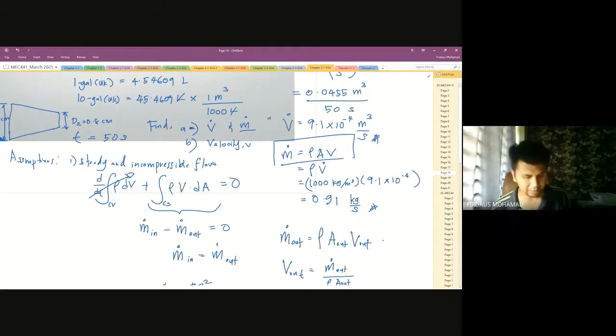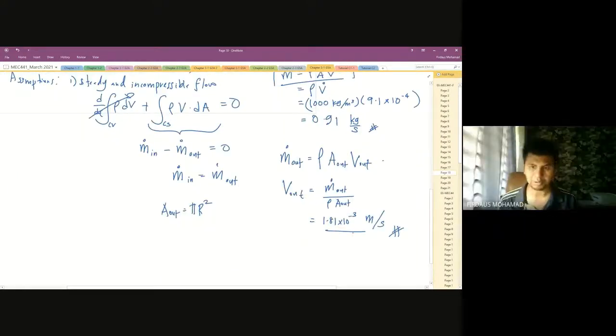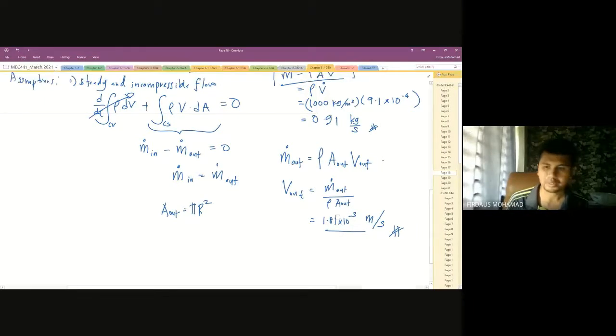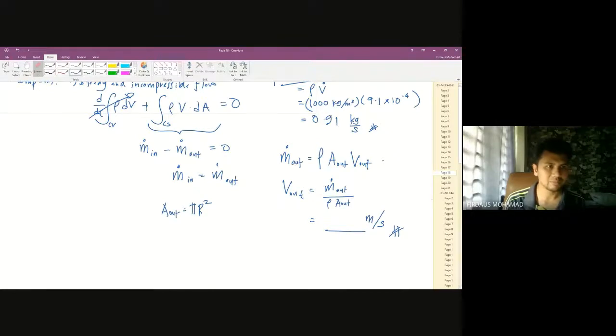18.1. 18.1 bukan 1.81. Kalau 1.81 dia punya velocity tu kecil sangat untuk nozzle ni. Silap kawan ni. Tak apa.